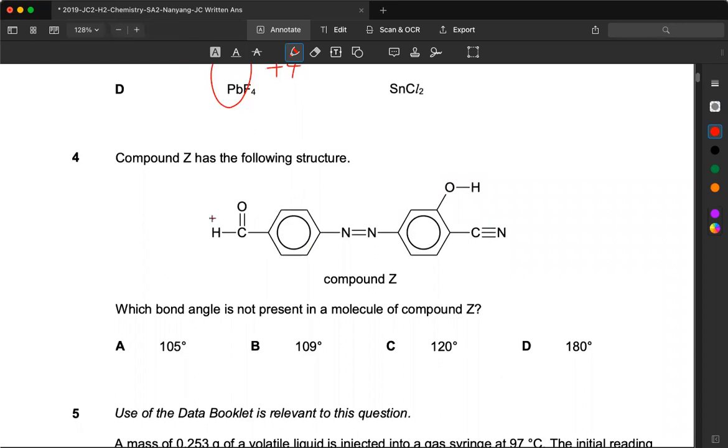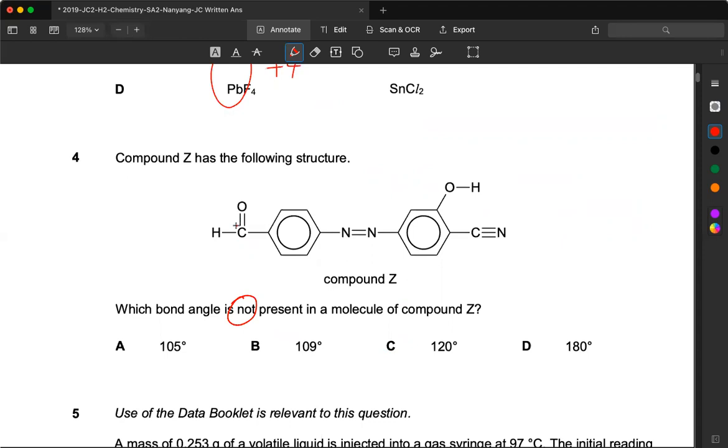Okay, number 4, they're asking which bond angle is not present in the molecule of compound Z. So let's examine each angle. To see if any of these fall under this, then it will not be the answer. All right, so let's check this one.